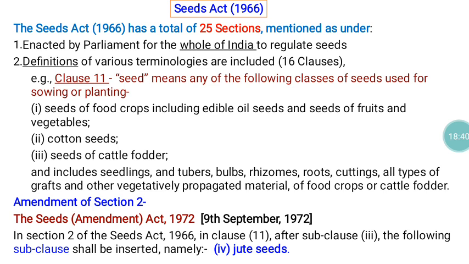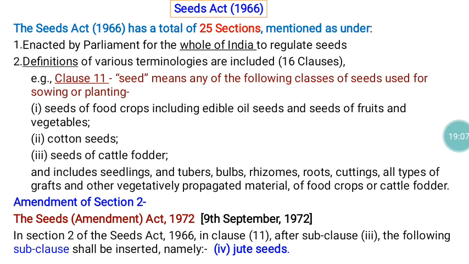But they forgot to include jute seeds, though jute is also commercially cultivated, particularly in the West Bengal area. That also has a notified variety, and there also we follow the generation system of seed multiplication. Previously, because of the non-inclusion of jute, we were not able to produce quality seeds.